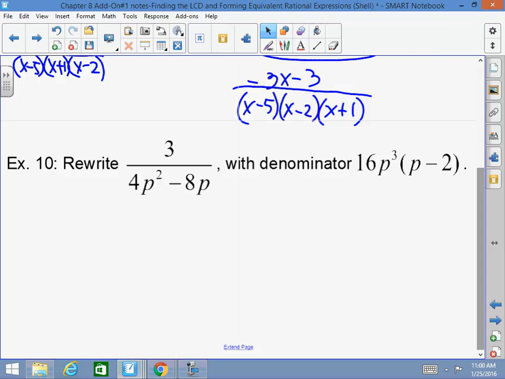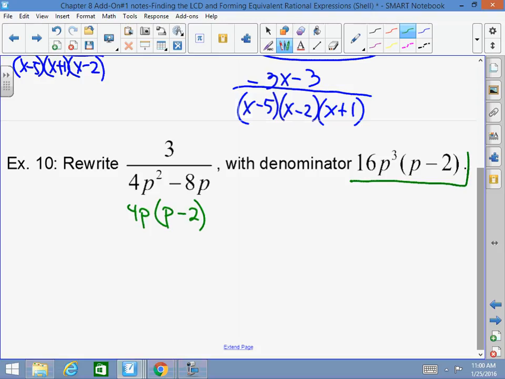God bless you. So in this particular case, you're going to first factor. So I'm going to factor out 4p, and I have p minus 2 left over. Now, I want to get the denominator 16p cubed times (p minus 2).